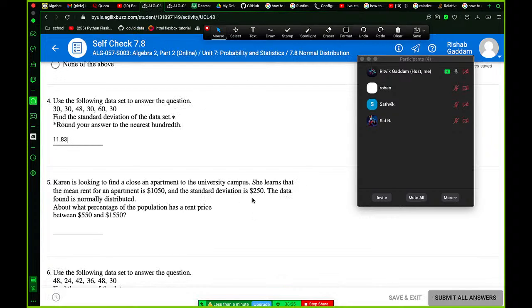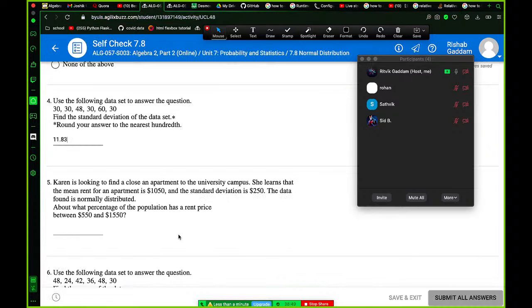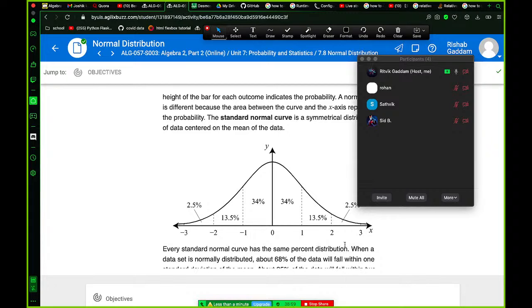The standard deviation is 250. 550 is 500 less than 1050, so that's two standard deviations down. So it's going to be right here. This value is 550. And then 1550 is 500 up, so that's here.